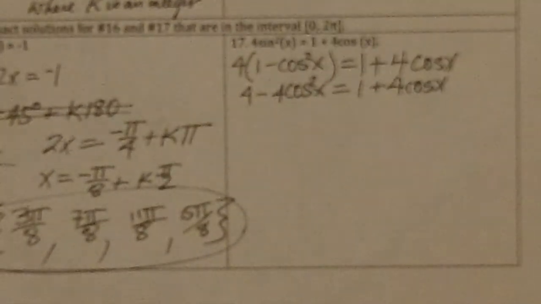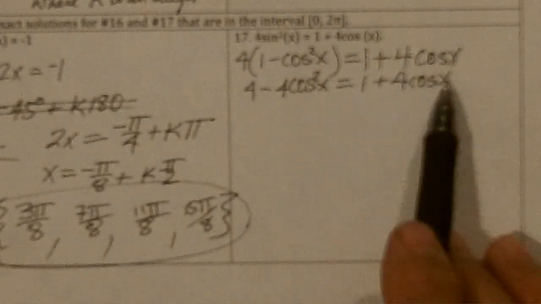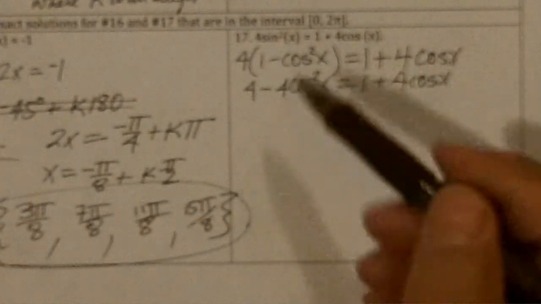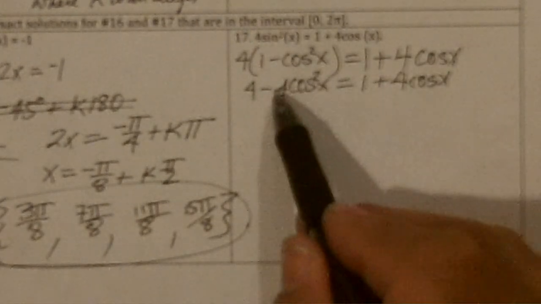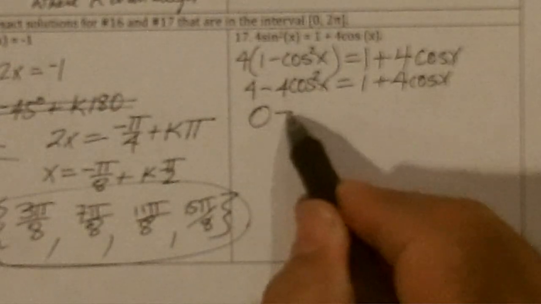cosine x. Let's see, we've got a quadratic happening here, so let's get it all equal to 0, and let's make the squared one be positive. So I'm going to subtract 4 and add 4 cosine squared x to both sides, so it'll be 0 over here.